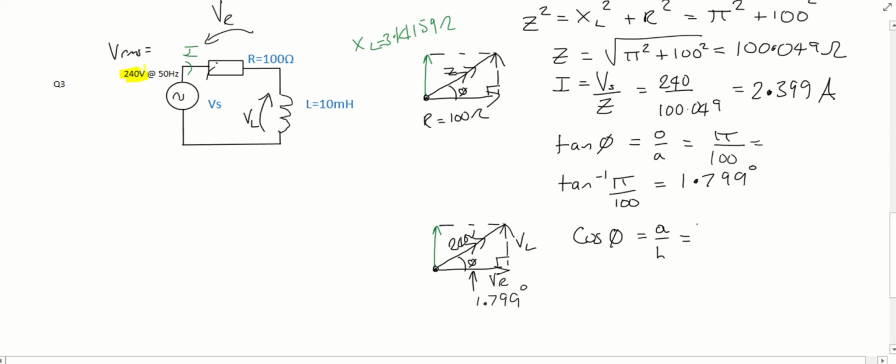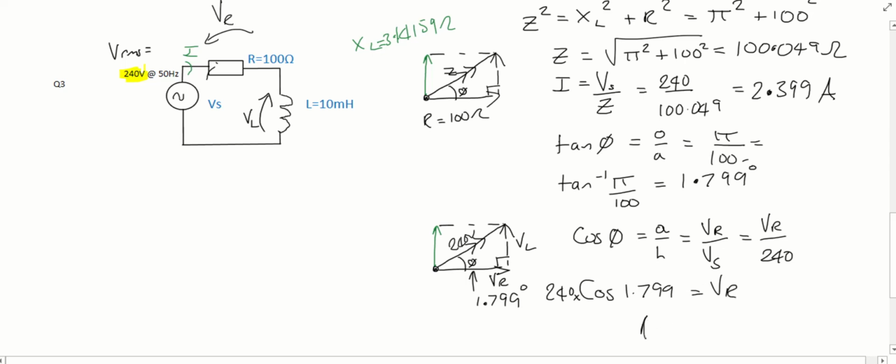Cos of the angle equals adjacent over hypotenuse. Let's put these values in. Adjacent is VR divided by VS, which equals VR divided by 240 volts. So we do cos of 1.799 multiplied by 240, because we multiply both sides by 240, equals VR.